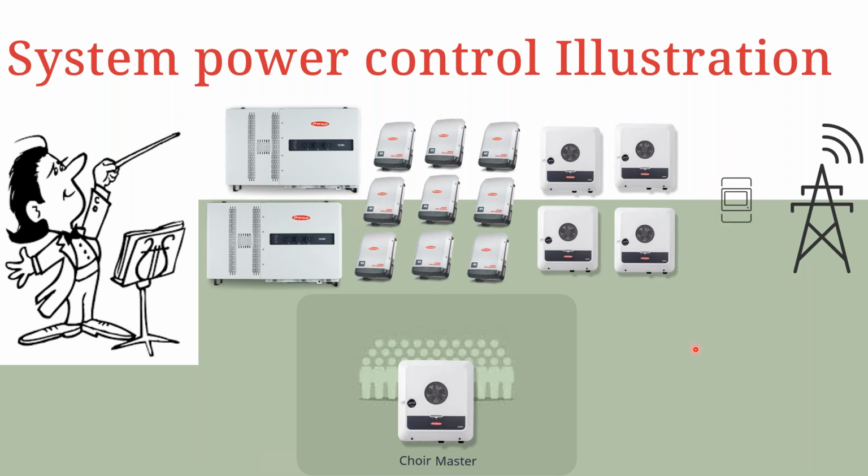That would come in the shape of a smart meter. So basically, the smart meter is the communication channel through which dynamic power control can be achieved. I hope I've done justice using this illustration to explain what dynamic power control or system power control basically means.